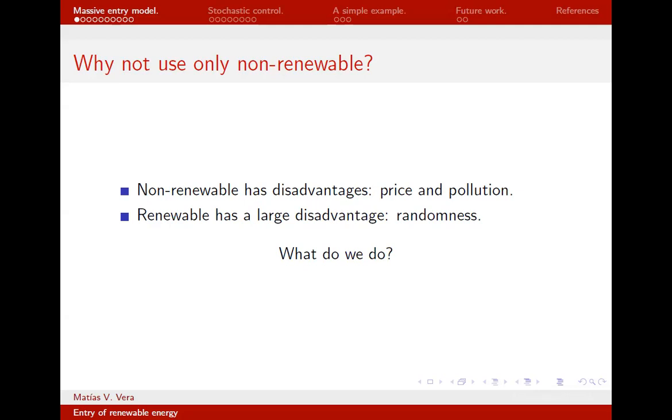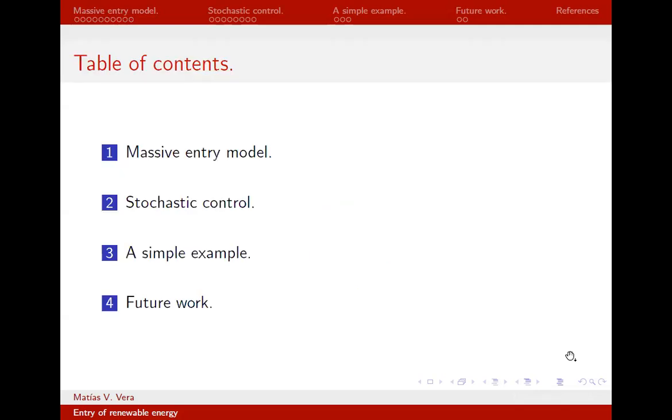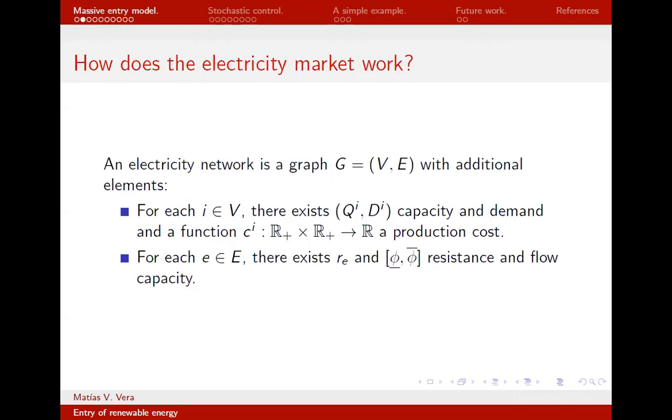In order to know what to do, first we're going to see what we are speaking about when we say electricity market. We're going to say that an electricity network is a directed graph, V and E, in which V are nodes which represent locations, and the edges are transmission lines through which I can send flow from one to another.